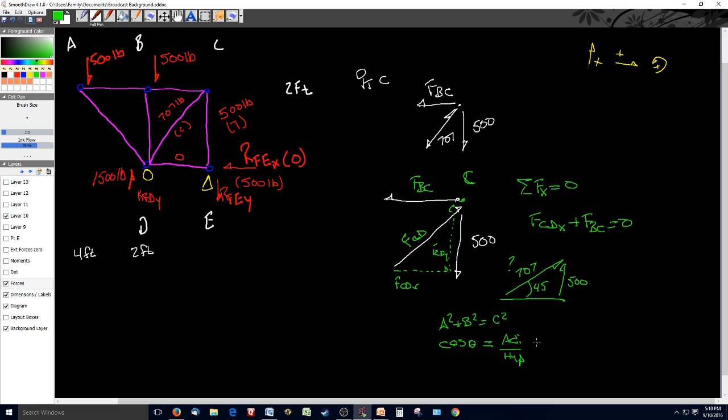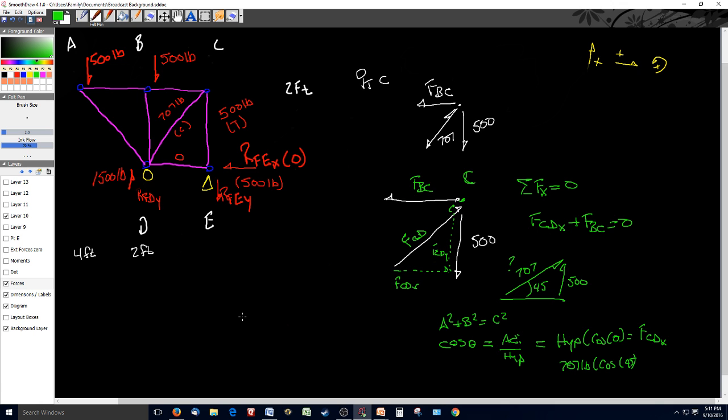So this would translate to, say, my hypotenuse value times the cosine of theta equals my x value, FCDX, which would then be 707 pounds times the cosine of 45.